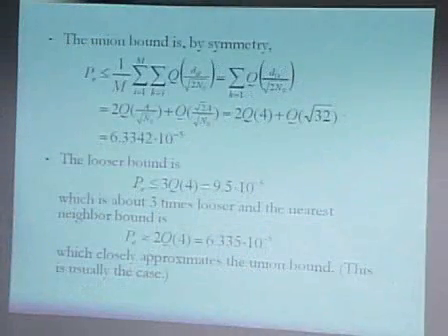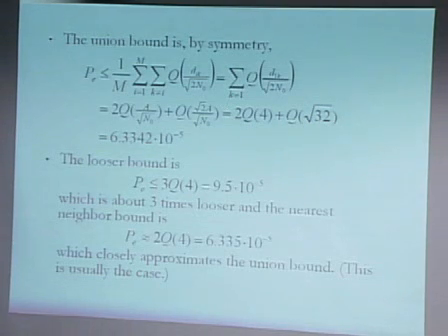The factor of 2 was not multiplied, and so I followed the textbook thinking it was right, and one of you actually went through the computations, and I appreciate that, and pointed out that the factor of 2 was not multiplied. So this is the correct value for the union bound.